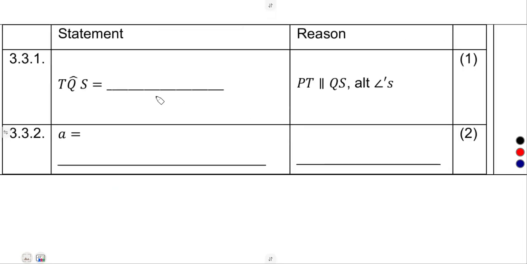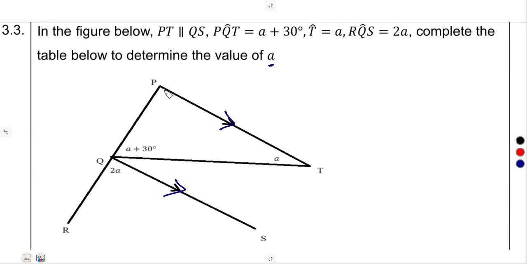On that table they gave us 3.3.1, angle TQS, for a reason that PT is parallel to QS and those are alternate angles. PT being parallel to QS and we've got alternate angles like this. So alternate angles here are going to be equal.